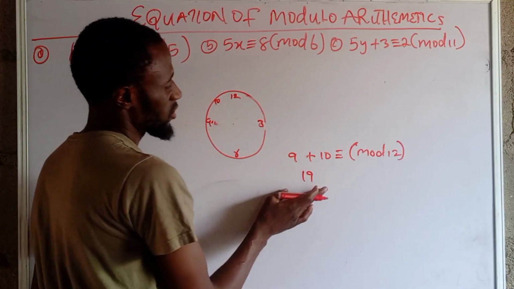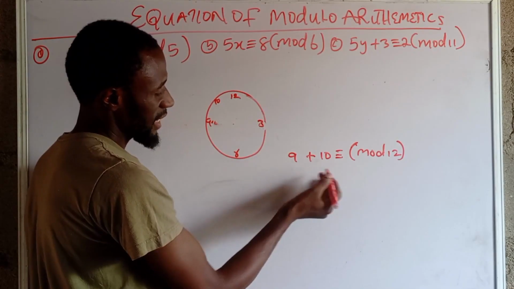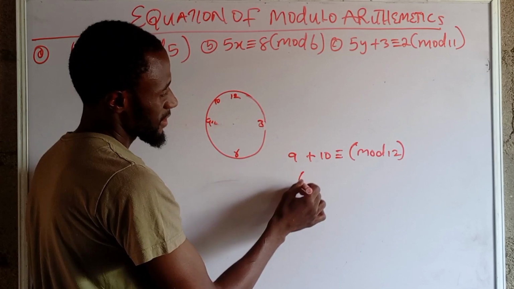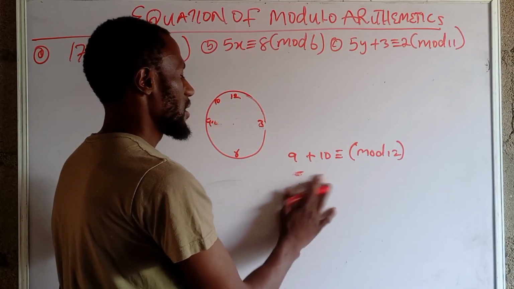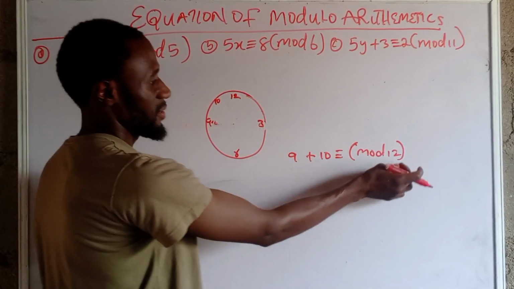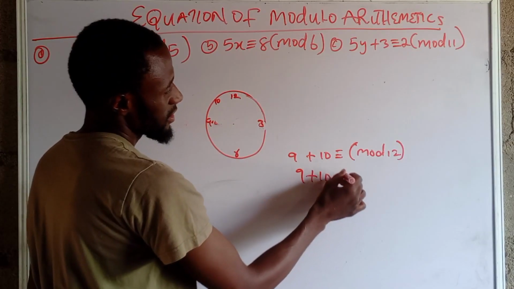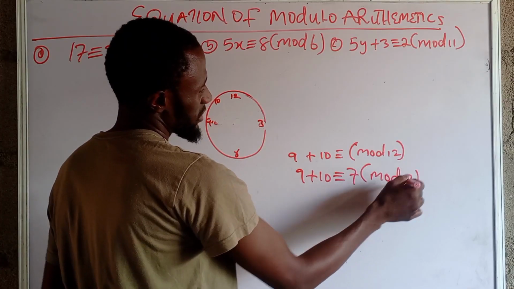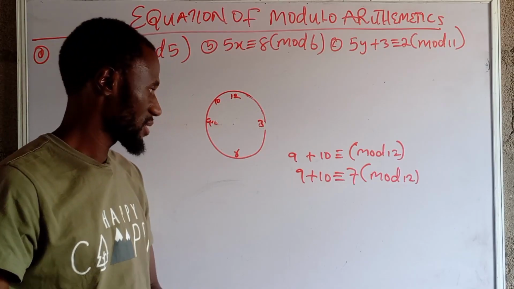That is 1 time with a remainder. Or you can subtract: 19 minus 12 gives 7 mod 12. That is the 9 hours after 10 we get.